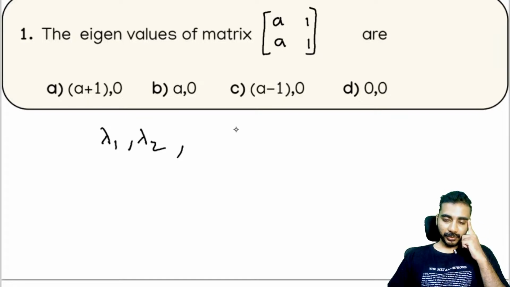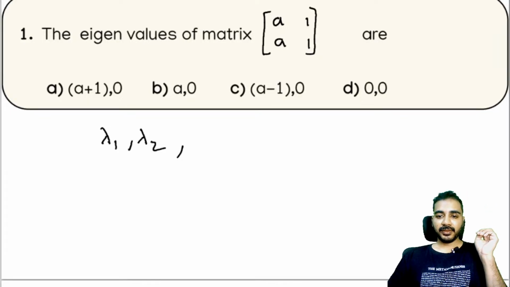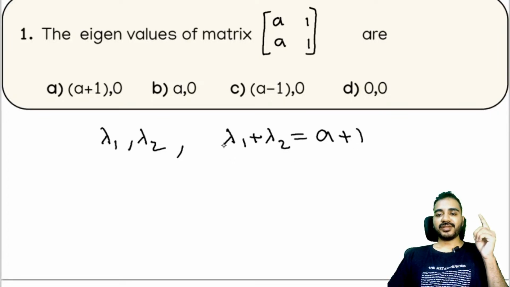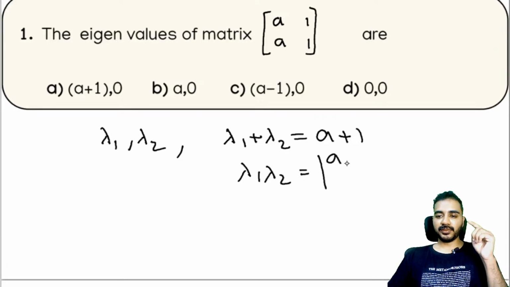Then, according to the properties of eigenvalues, we know that lambda 1 plus lambda 2 equals the sum of its diagonal elements, that is a plus 1. Now, what is the product of these eigenvalues lambda 1, lambda 2? Which is nothing but the determinant of this matrix A1, A1. Okay. Since the two rows are the same, we can say the determinant equals 0 here.